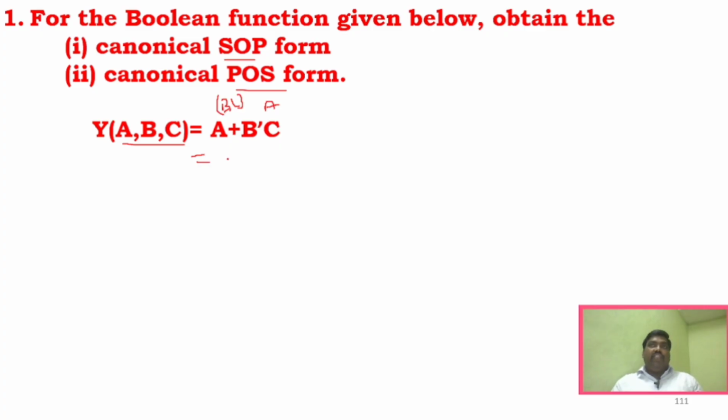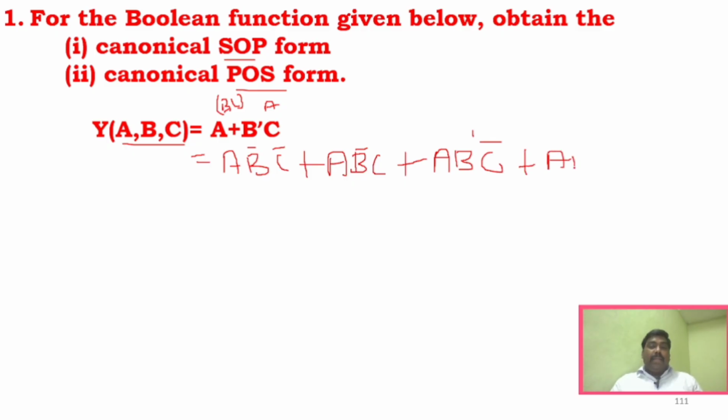If it has both B and C as inputs, it can be A, B bar, C bar, or it can be A, B bar, C, or it can be A, B, C bar, or it can be A, B, C. These are the four possible combinations, correct? For this particular term, if you consider A, B, C.